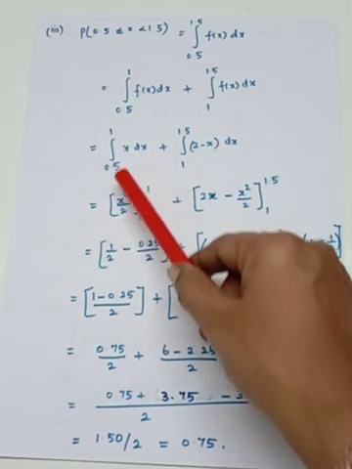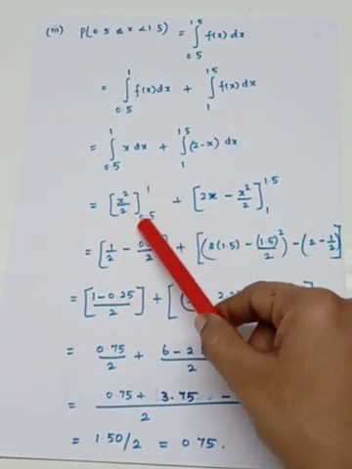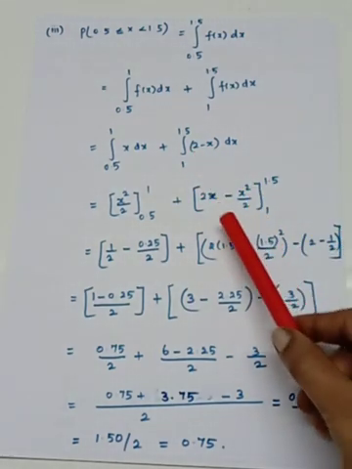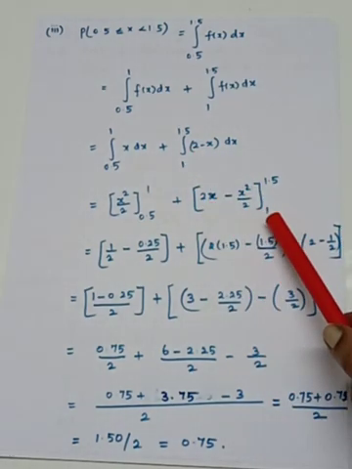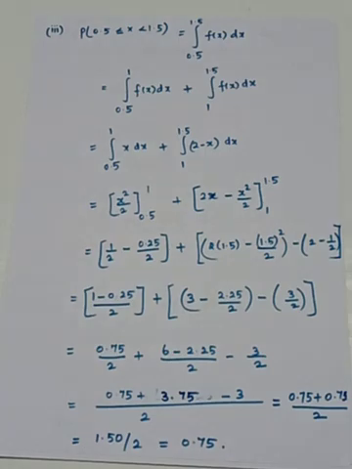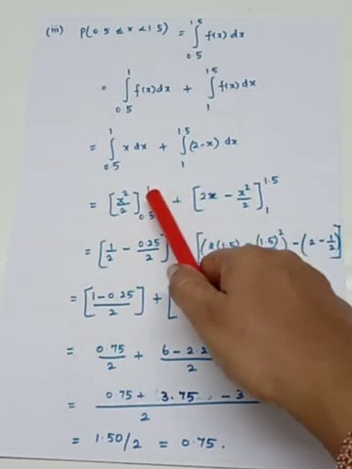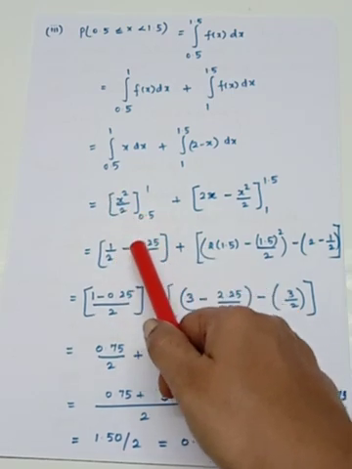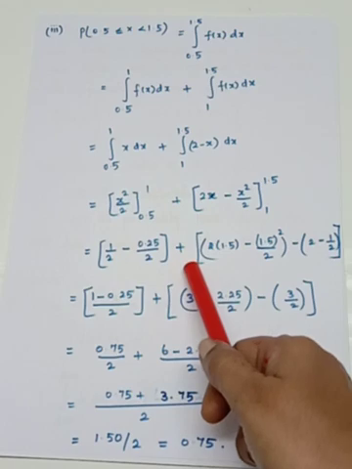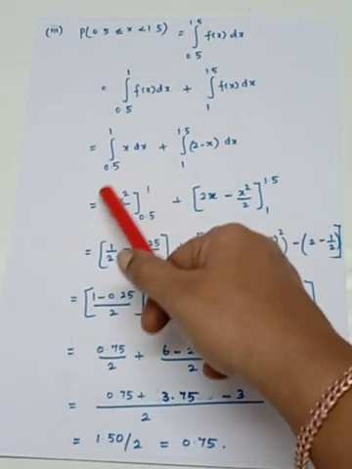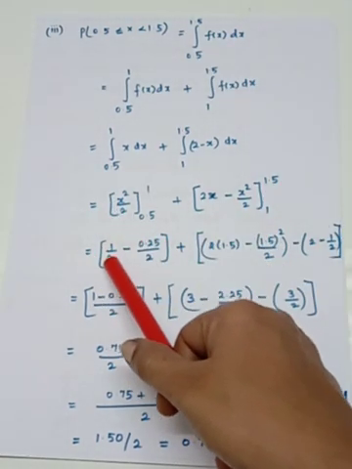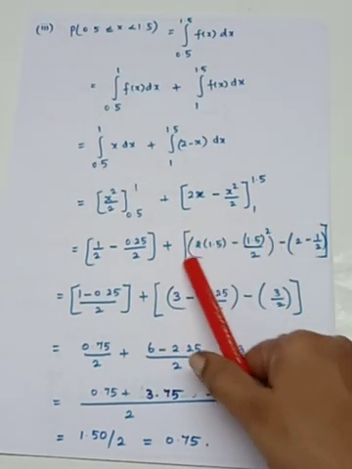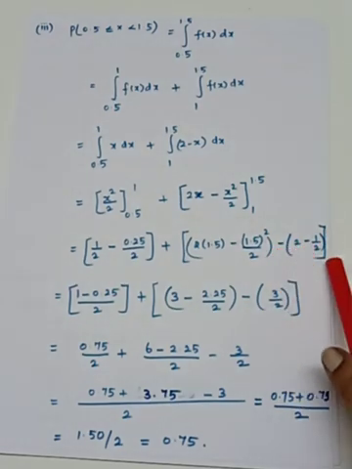If you integrate x, it is x squared by 2 and the limit is 0.5 to 1. If you integrate 2 minus x, it is 2x minus x squared by 2. The limits vary from 1 to 1.5. Apply the upper limit minus the lower limit. So it is 1 squared is 1 by 2 minus 0.25 by 2, plus, in the same way here also, the upper limit minus the lower limit.